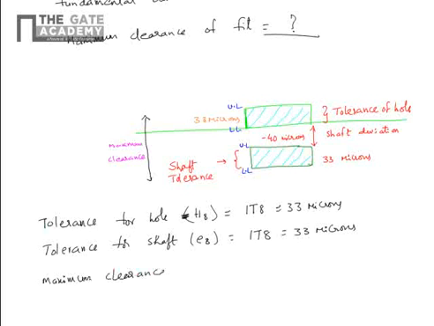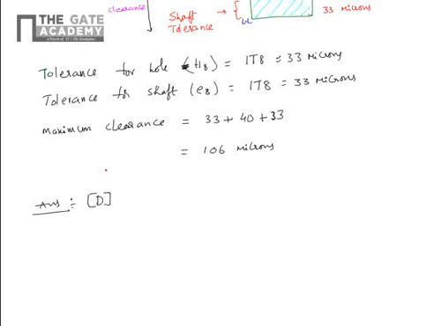But the only thing is, you have to know that IT8 means tolerance, both have the same tolerance, so we need to take this one. Even though the negative value is there, because the maximum clearance is that one, you have to add all those things.